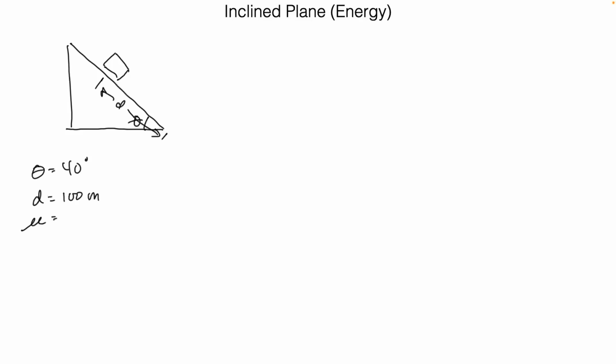So we're given that the coefficient of friction is 0.32 between the aardvark and the hill. So let's find how fast it's going if the aardvark starts at rest, with 0 velocity.